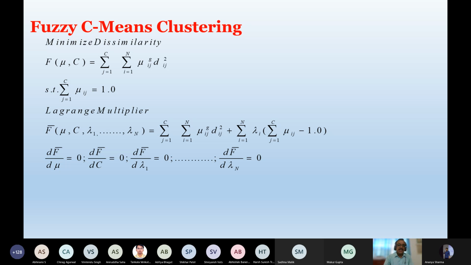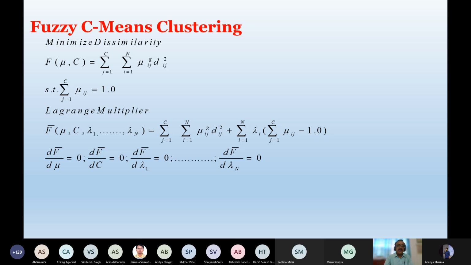Okay. Now this Euclidean distance dij, we put the square here just for simplicity, because the Euclidean distance is square root of something plus something plus something. So if I just use the square, that particular square root will be removed.